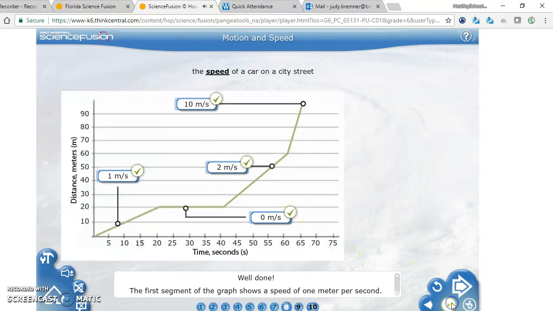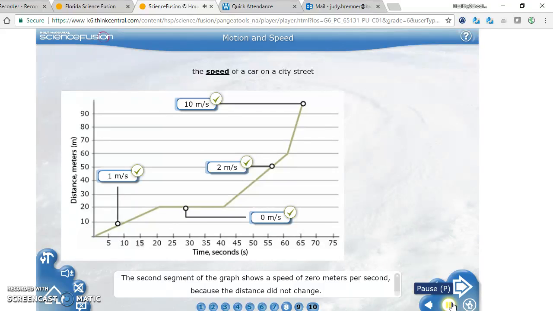The first segment of the graph shows a speed of 1 meter per second. The second segment of the graph shows a speed of 0 meters per second because the distance did not change. The third segment shows a speed of 2 meters per second. The last segment shows a speed of 10 meters per second.